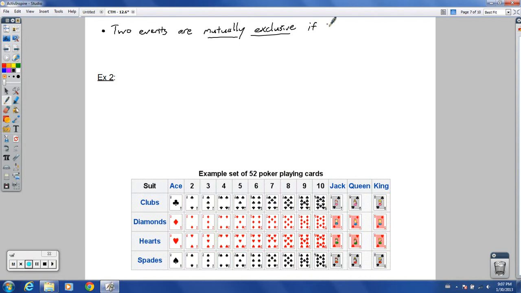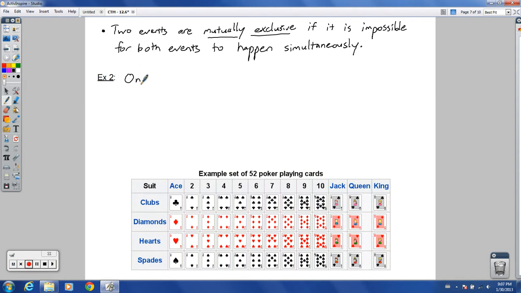Two events are mutually exclusive if it is impossible for both events to happen simultaneously. And we're going to use that idea in example 2. So just that quick definition.